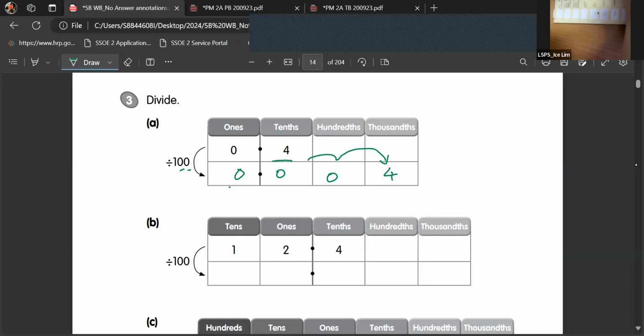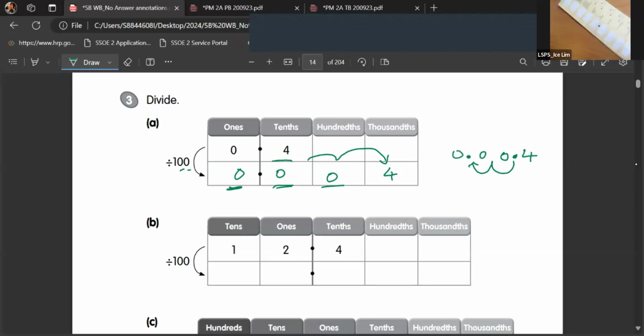Don't forget to put in the zeros. Then we mentioned the shortcut. So 0.4 divided by 100 is the same as moving the decimal point two places.